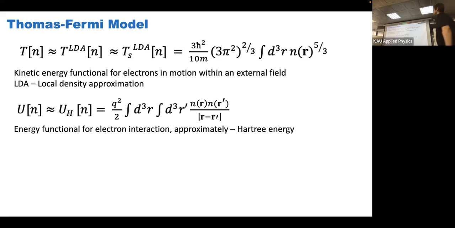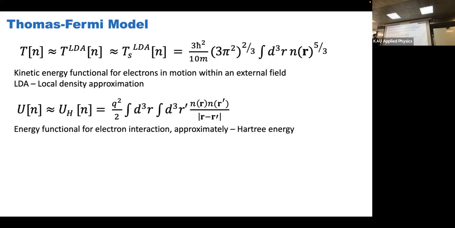It's just the interaction from one electron, which is described by electron density at some point r, multiplied by electron density of another electron, which is described by electron density at some point r prime, divided by the absolute value of r minus r prime, and we have this beautiful formula, Hartree energy.